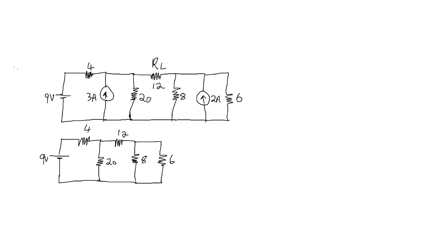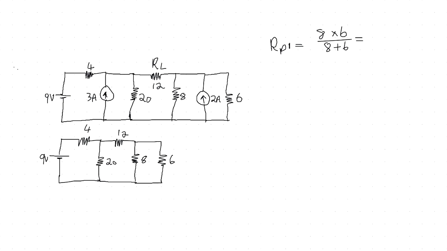That's a law when applying circuit analysis. Away from the source, I'll start from the 6 ohm. The 6 ohm and 8 ohm are connected in parallel, so RP1 equals 8 times 6 divided by 8 plus 6.